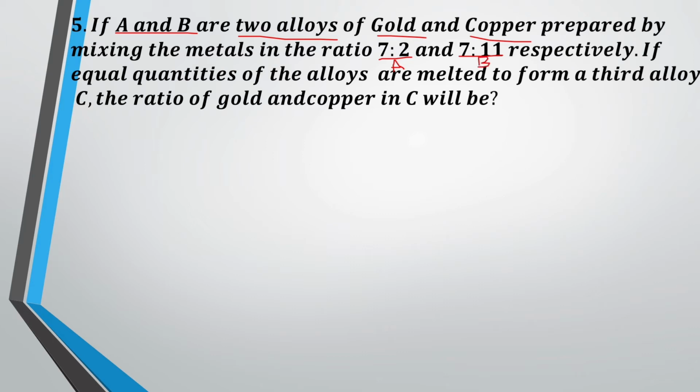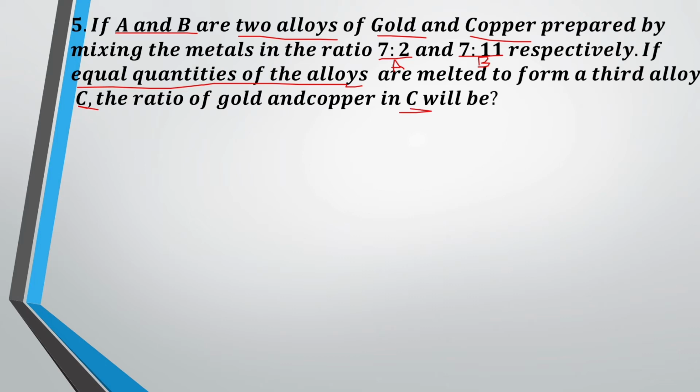They told that equal quantities of the alloys are melted to form a third alloy. So equal quantities of alloy A and alloy B are taken to form an alloy C, and we have to find the ratio of gold and copper in that C.